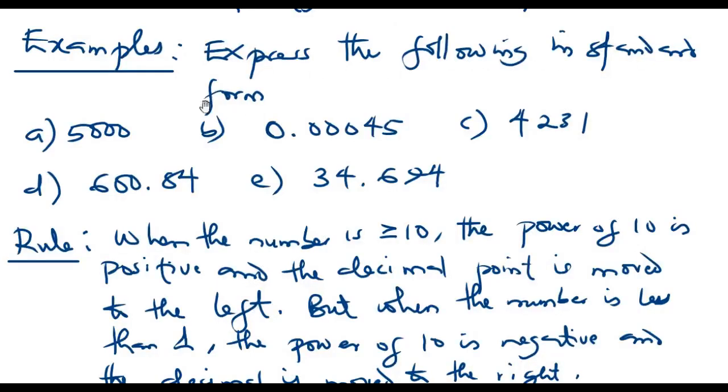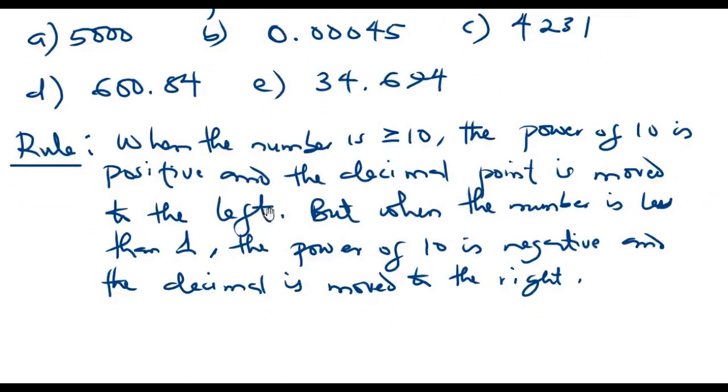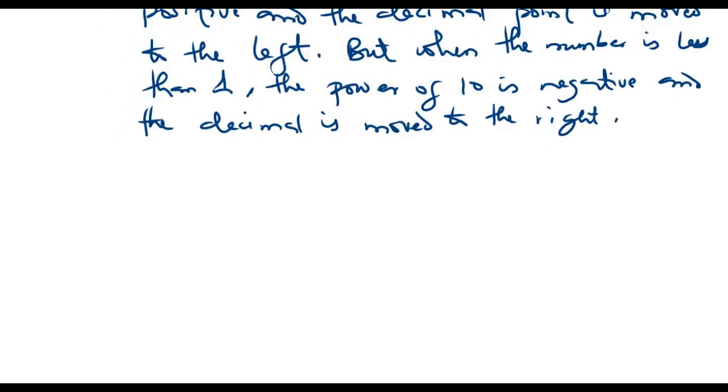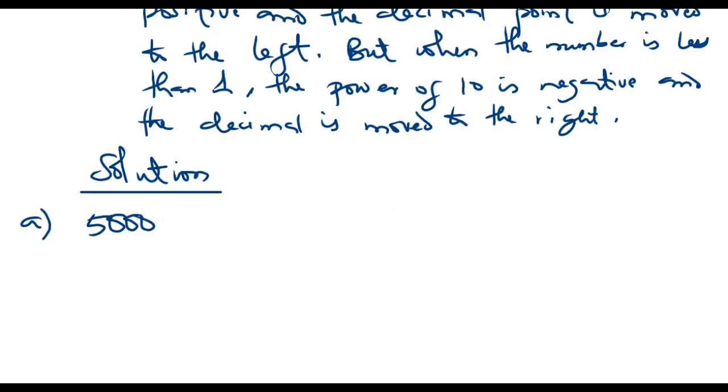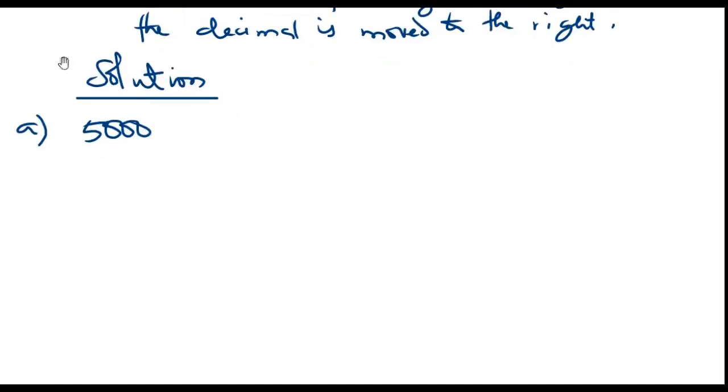Express the following in standard form. The first one, we have 5,000. So solution, A, 5,000. As you can see, 5,000 is greater than 10. All right. So what do we do? In 5,000, this is where the decimal is, that is after the last 0.